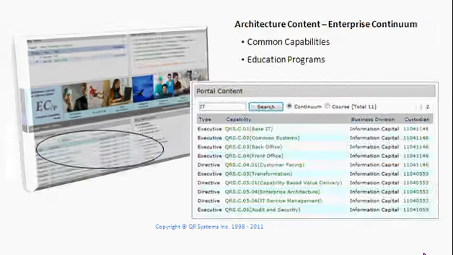On the bottom left, you will see portal content. This is where you can find all the previously created architectures by QRS staff. And you can look at courses that are defined in the system. So you can search those capabilities and identify who the custodian or the architect is who architected these capabilities, and what the high-level content is that exists.